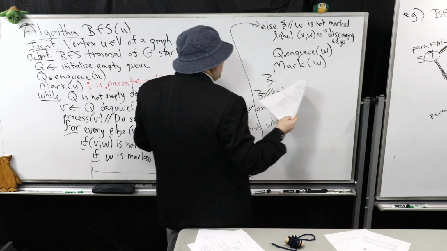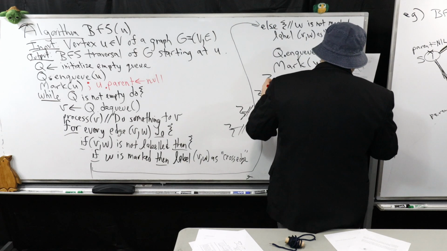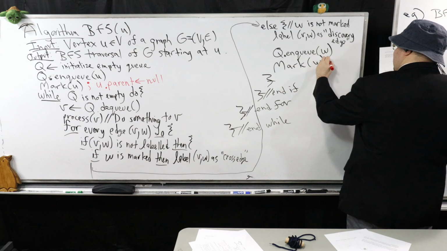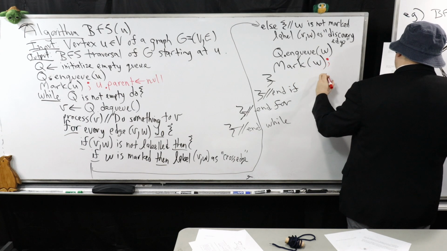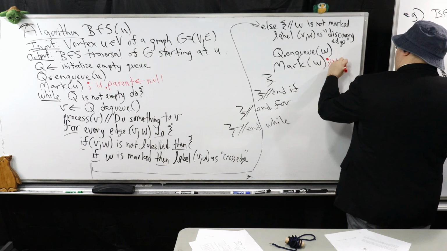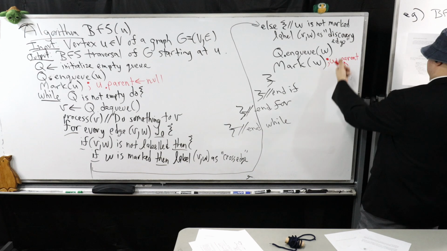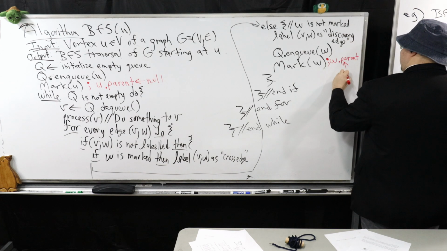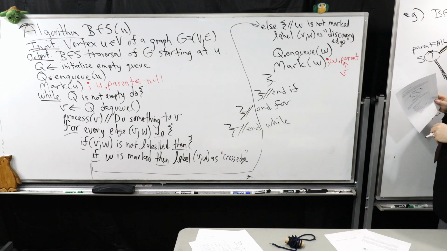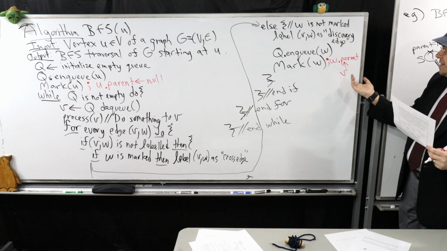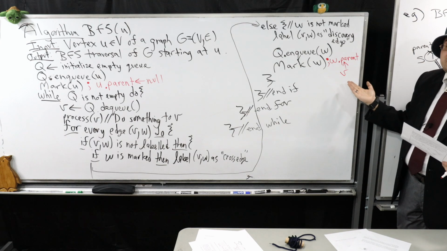And if you want to make it so it updates this parent each time, all you have to do is after you mark, you just set w.parent. It's going to be set to v. So after you mark it, you can just set the parent of w to be v.